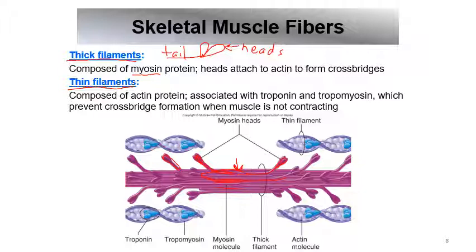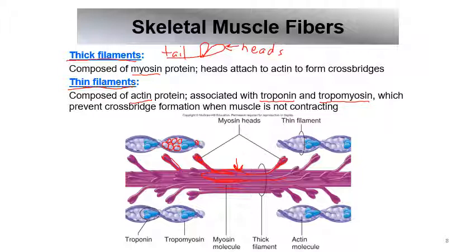Okay, then next, the thin filaments. So the thin filaments are made up primarily of actin protein. Now in this picture, these light colored circles, or these spherical shapes, those are the actin proteins. But it's not just the actin protein that is located on the thin filaments. There are two other proteins. There's also troponin and tropomyosin.